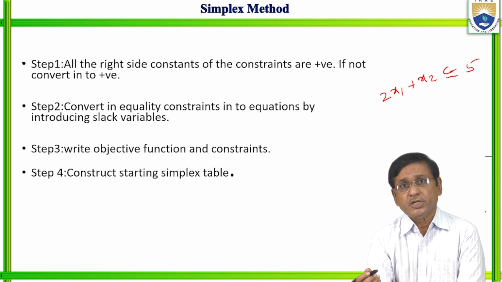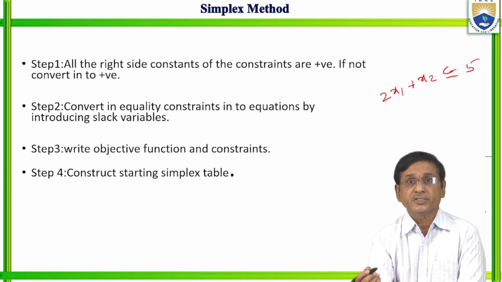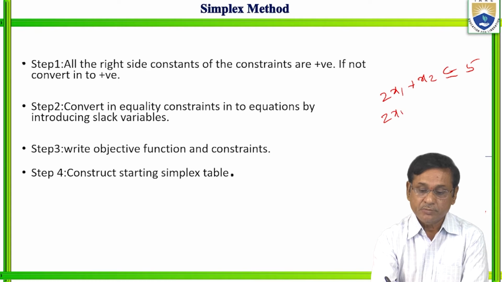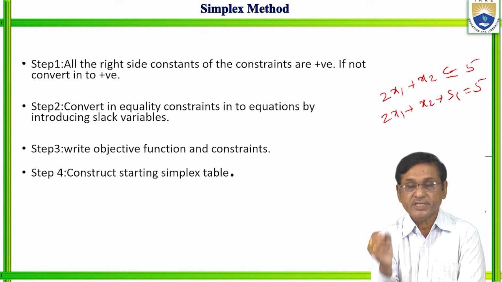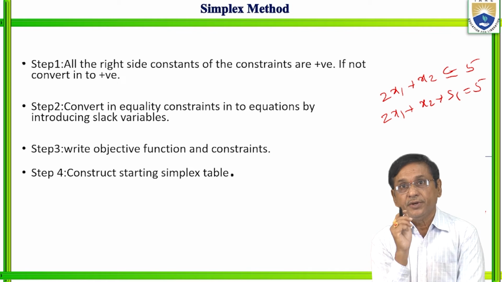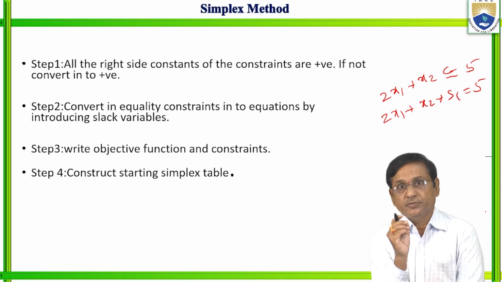The variables which are used to convert inequality constraints into equations when the constraints have a less than or equal sign are called slack variables. Now 2x1 plus x2 plus s1 is equal to 5. So this s1 is called the slack variable. The coefficients of these slack variables are zeros in the objective function.